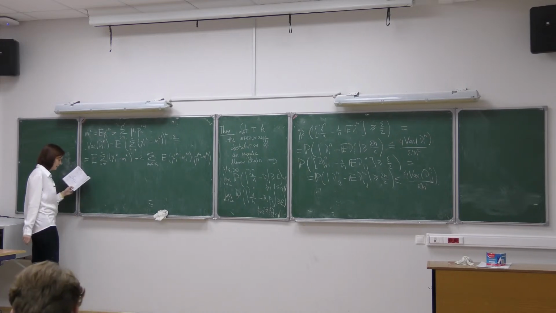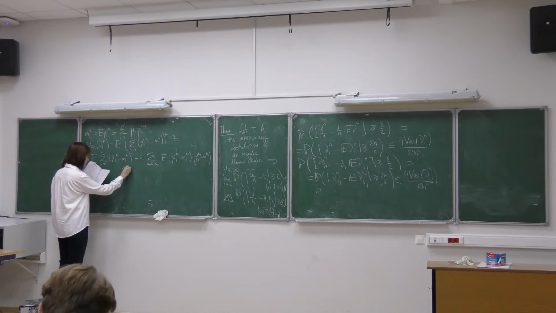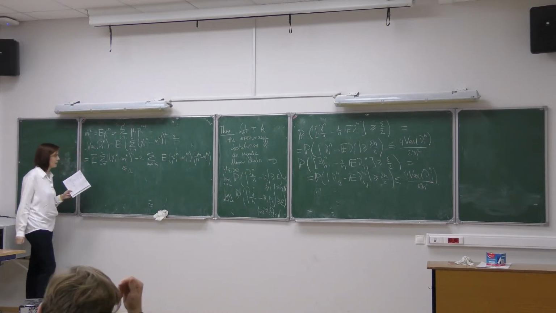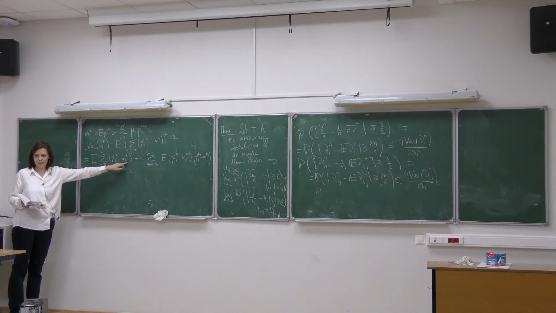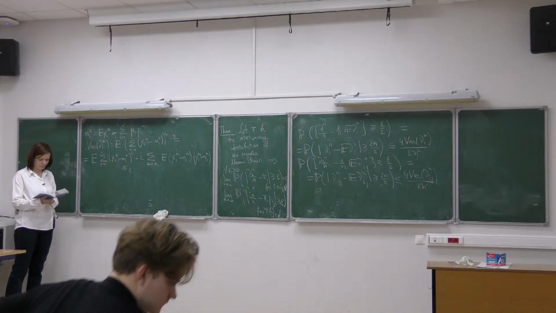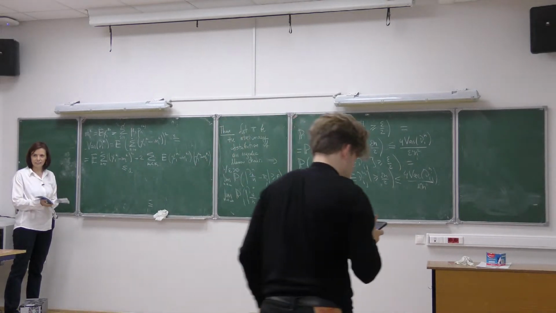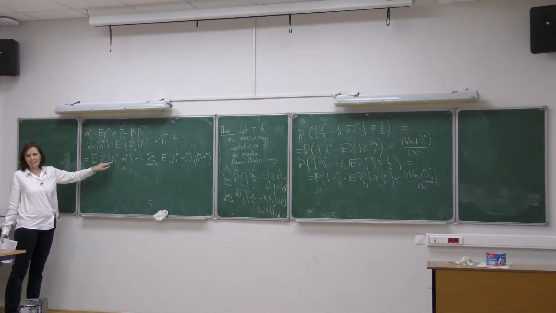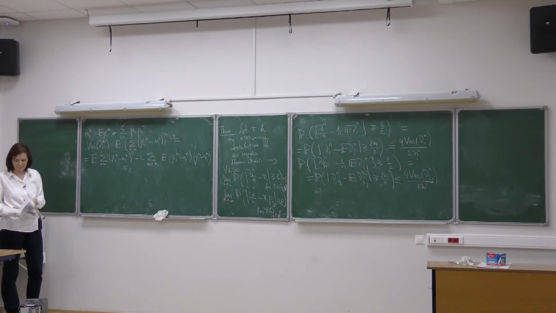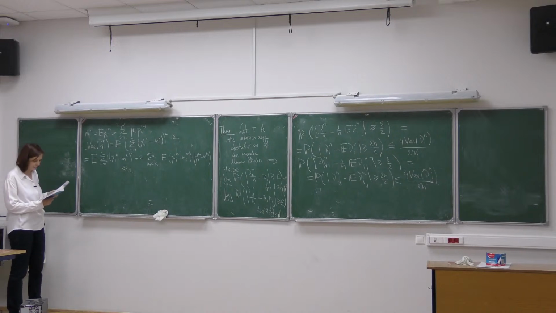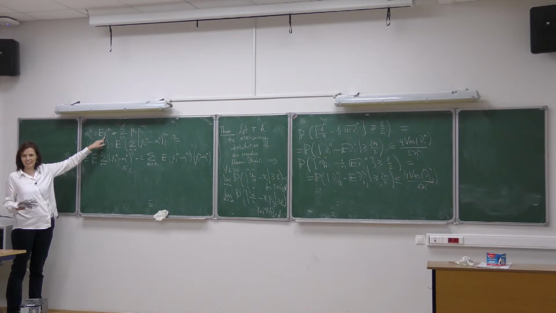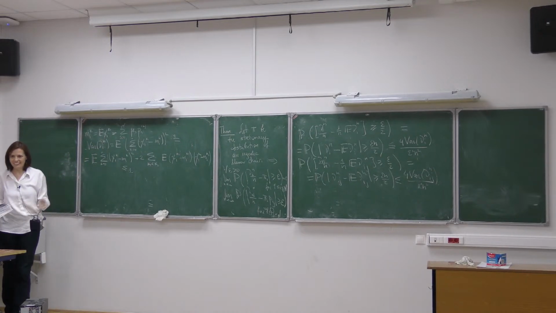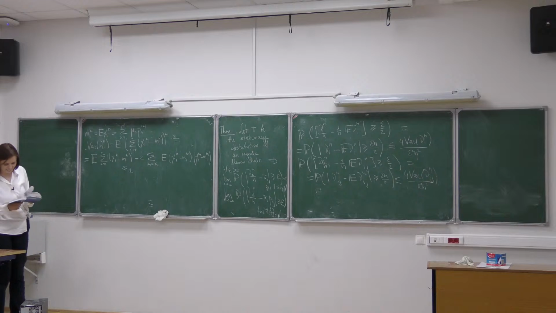So what can we say about the first guy? I claim that it is smaller or equal than 1. Each of the elements here of the random variable, it's smaller or equal than 1. Do you agree that it should be true? Because what is this? It's a characteristic function, so it does not take values except 0 and 1. At the same time, of course, the mean, which is the mathematical expectation of some characteristic function, also cannot take values outside of 0 and 1.